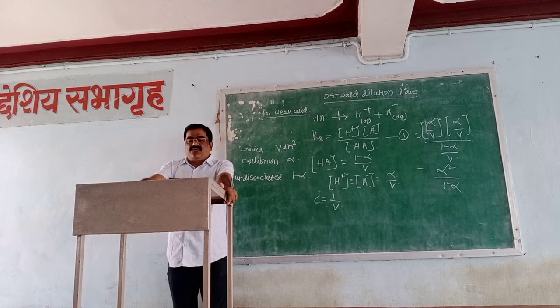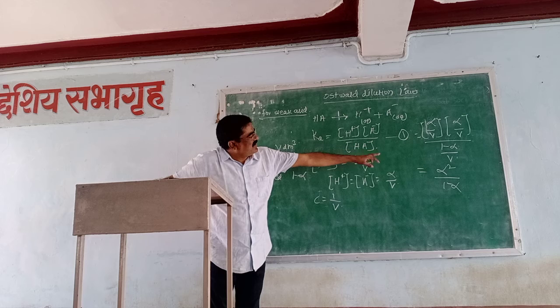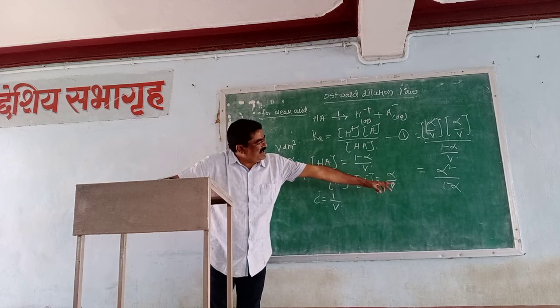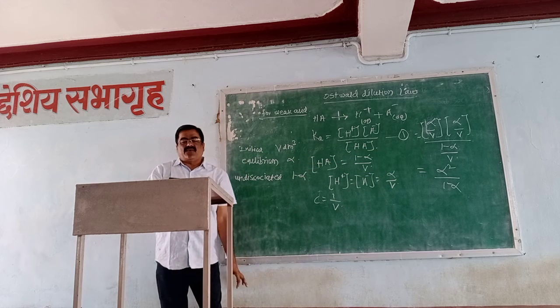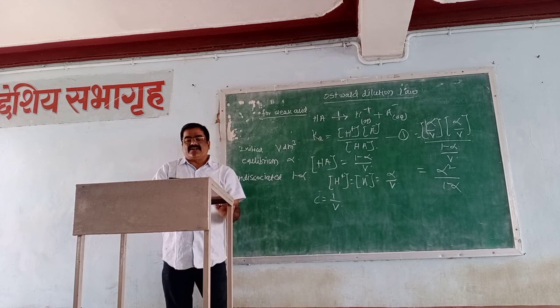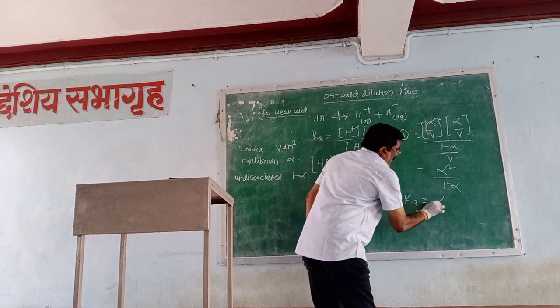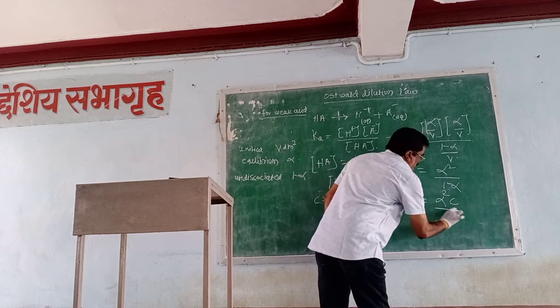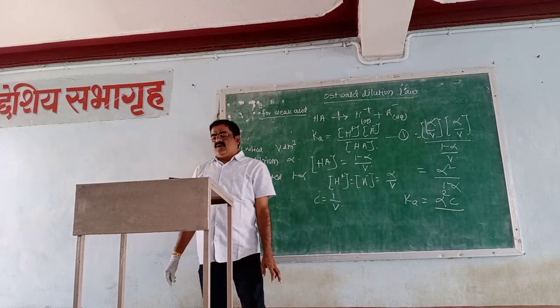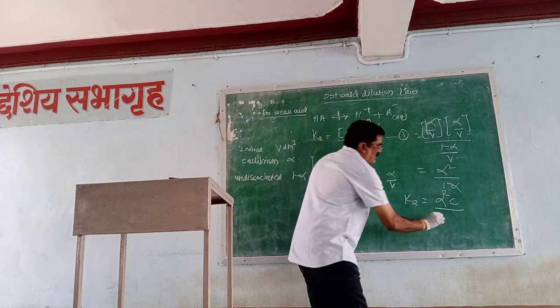Then K is equal to alpha square by 1 minus alpha, and so K is equal to alpha square C by 1 minus alpha.